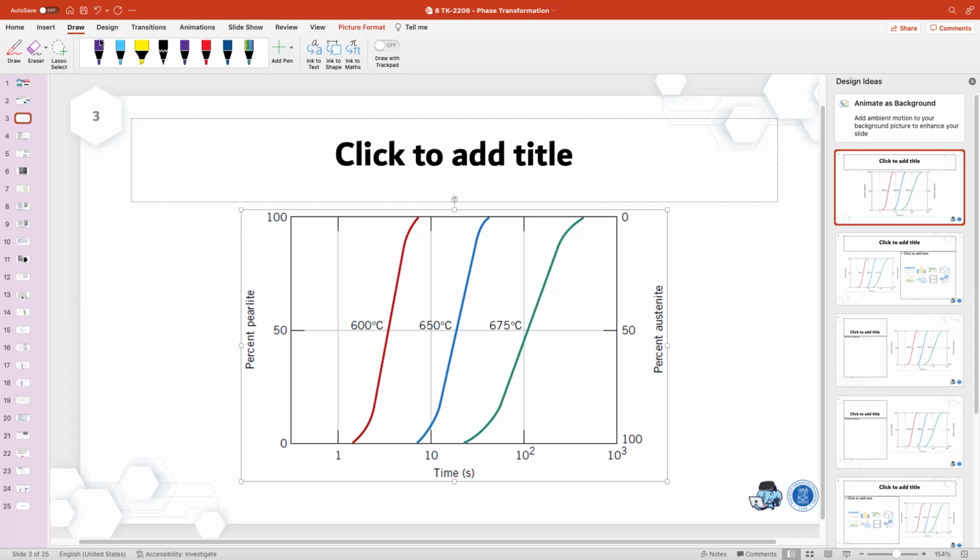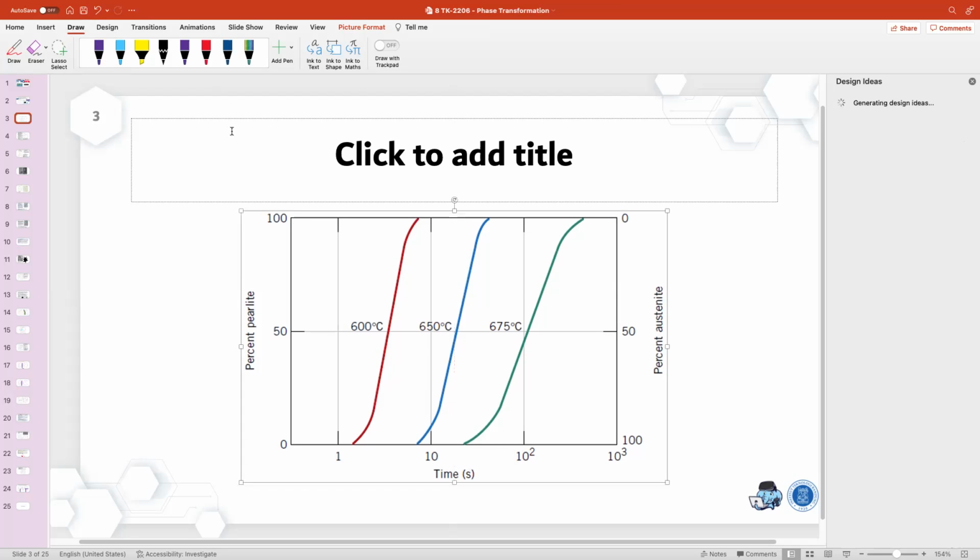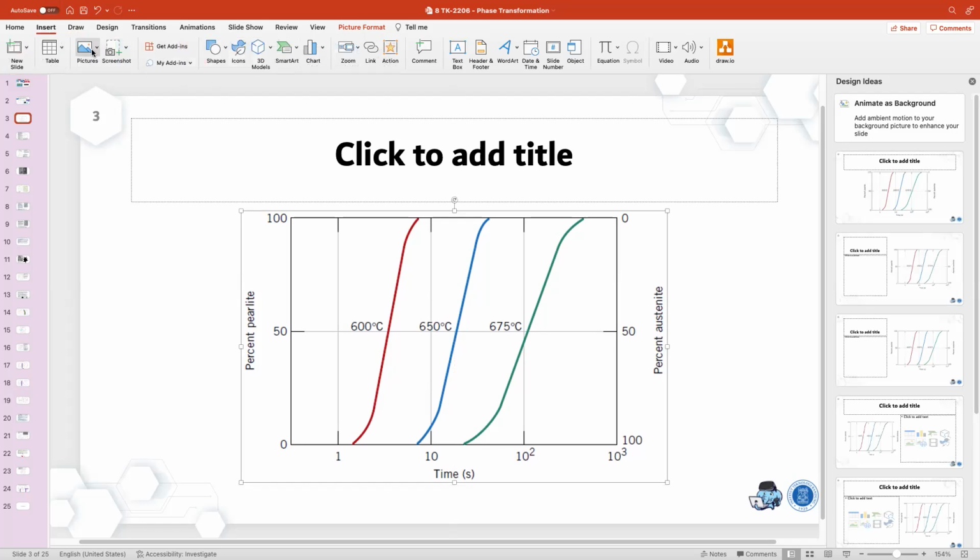Okay, but I'll just try to show it here. For example, if you want to read from here, how do I measure this? I would start measuring from 10 to 100 here.